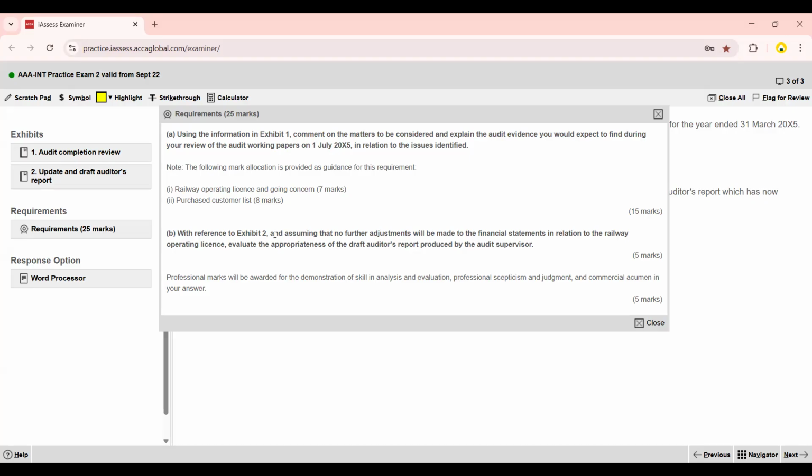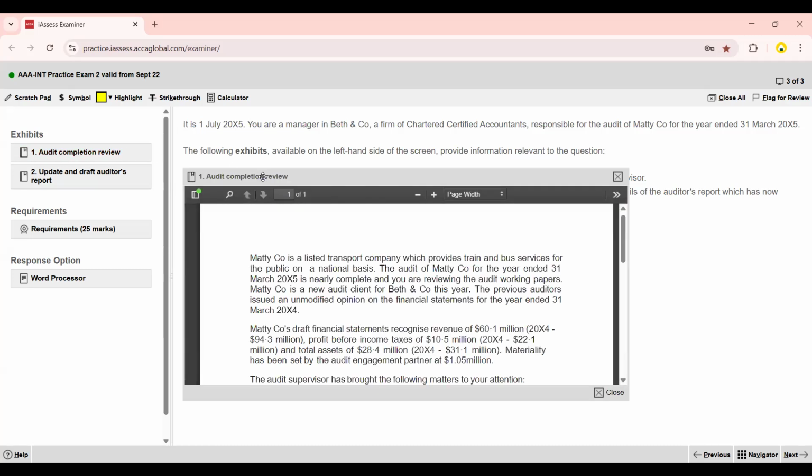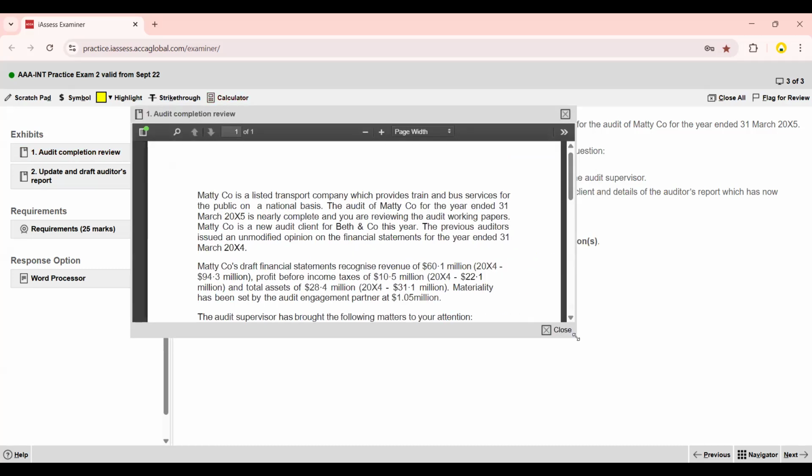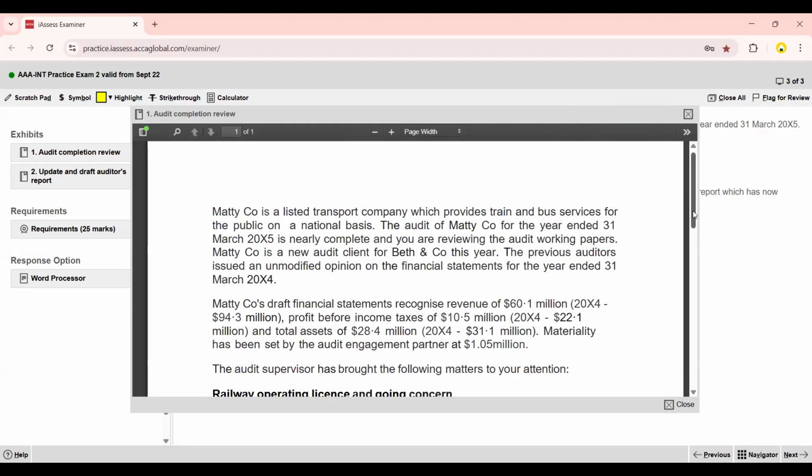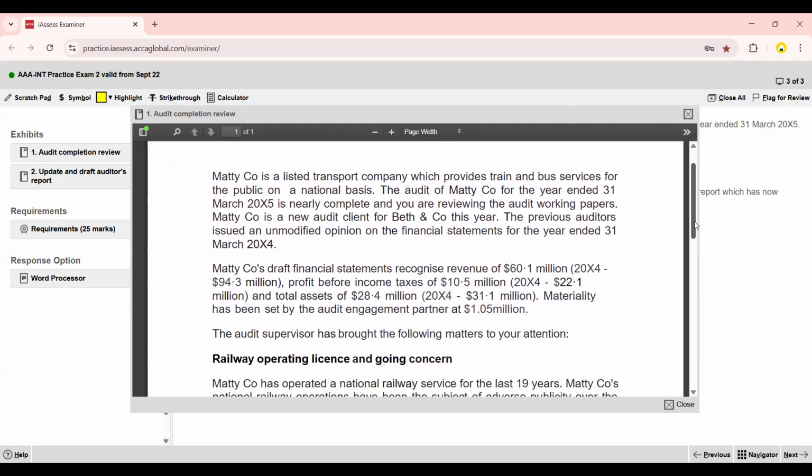Okay, now let's start reading exhibit number 1, audit completion and review. This is part A. In part A, we have to solve the railway license and going concern, and in part A2, the customer list.